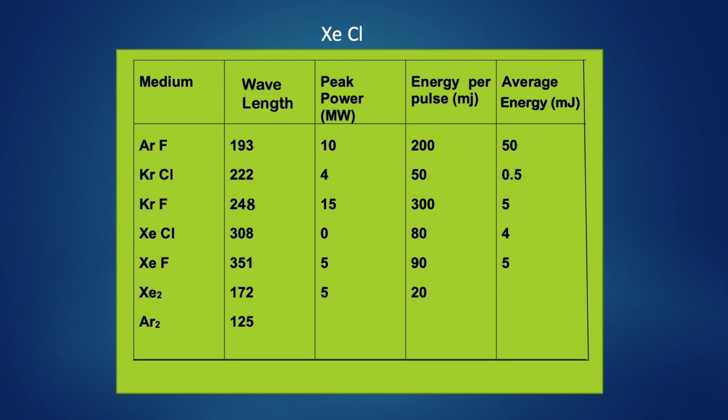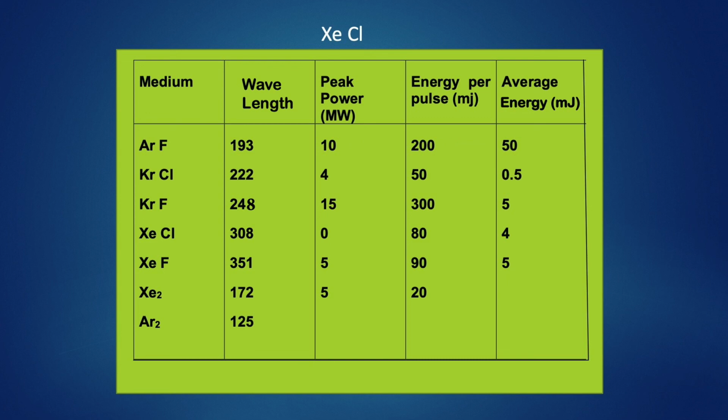Bromine is useless. Fluorine and chlorine are very reactive gases. You can make any mix, you can choose any one of the combinations, make some small changes in the operational parameters, then you will be able to get a variety of lasers.